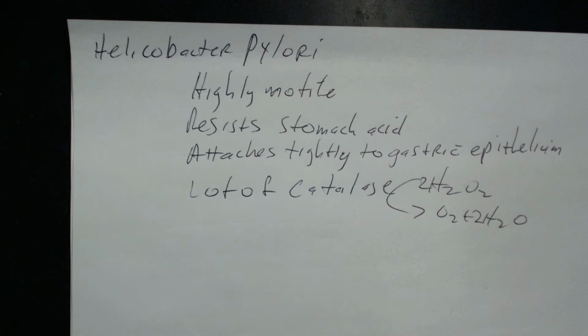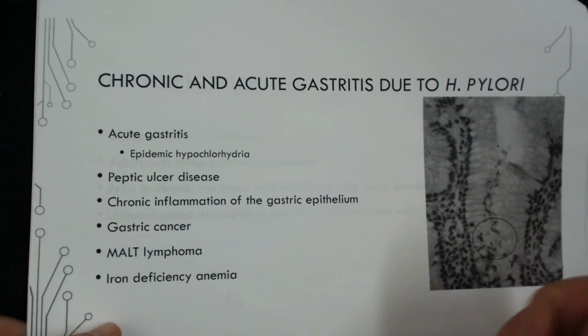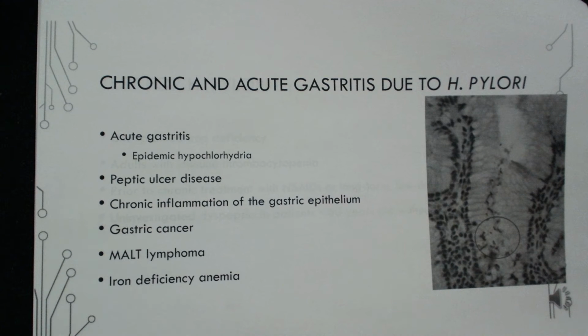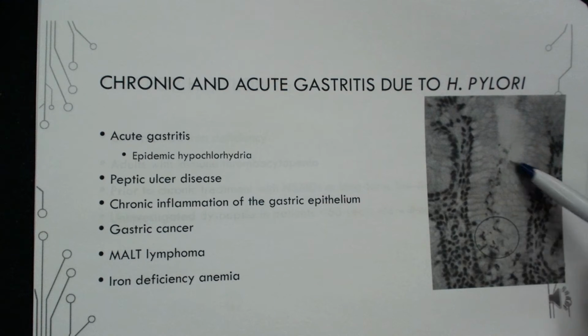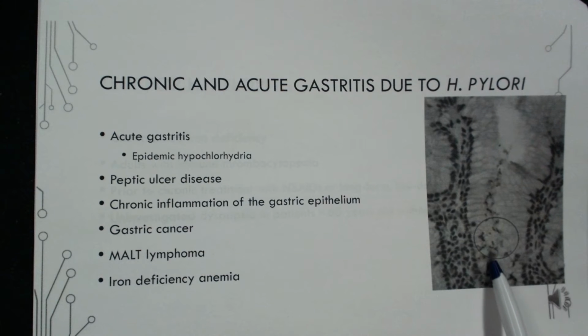Now, this organism can cause a chronic gastritis, and it's been shown to cause peptic ulcer disease. It was thought for years that peptic ulcer disease was due to your diet or worrying or something like that. No, turns out it's these bacteria. You can see them here colonizing a gastric crypt.